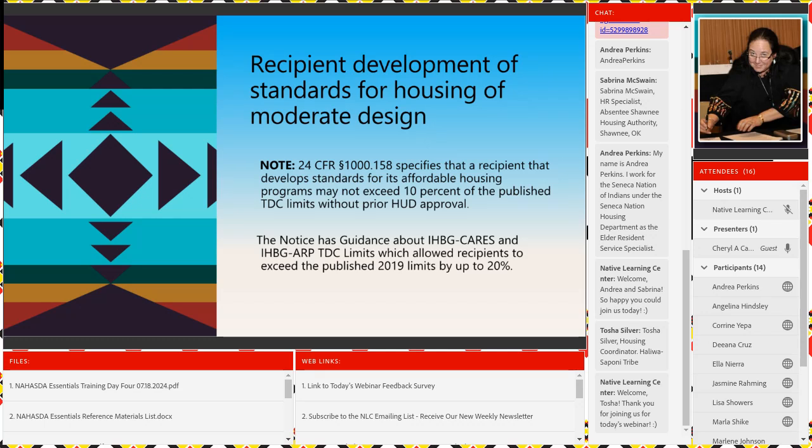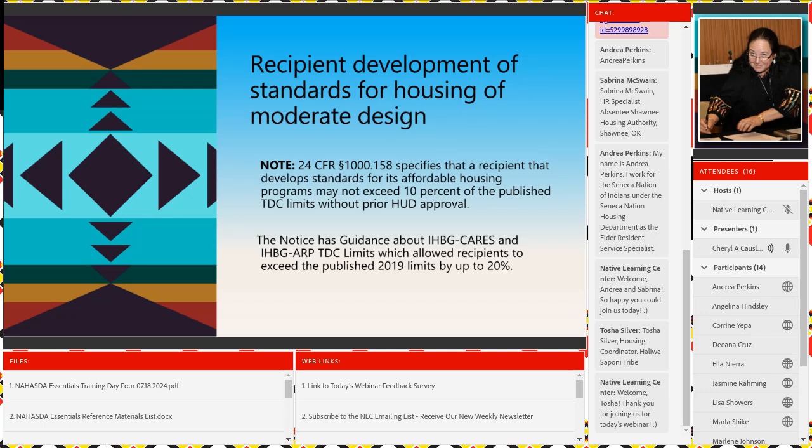1158 specifies that a recipient that develop standards for their affordable housing programs cannot exceed 10% of the published TDC without prior HUD approval. That 2022 notice has guidance about IHBG CARES and ARP, because when we went into COVID, all of our estimates got blown out of the water everywhere.